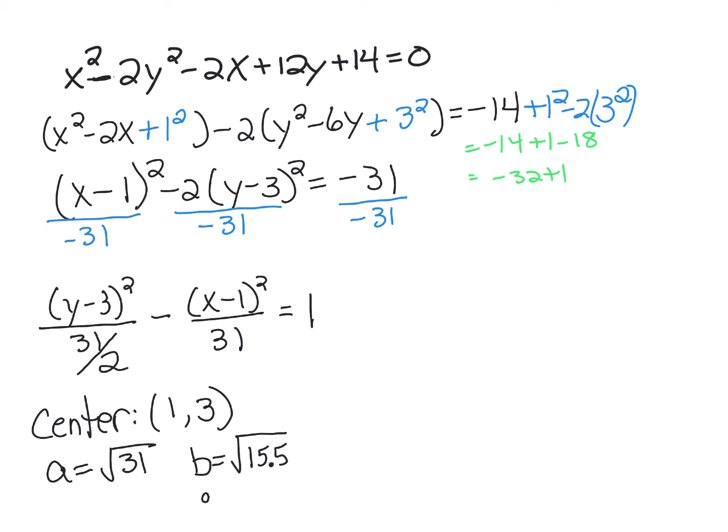So this is almost 4. Square root of 31 is somewhere between the square root of 25 and the square root of 36. It's almost right in the middle. So I'm going to say that this is about 5.5.